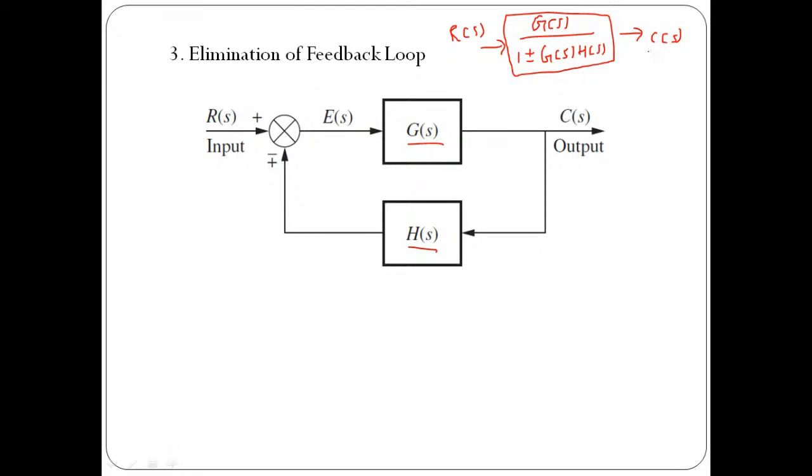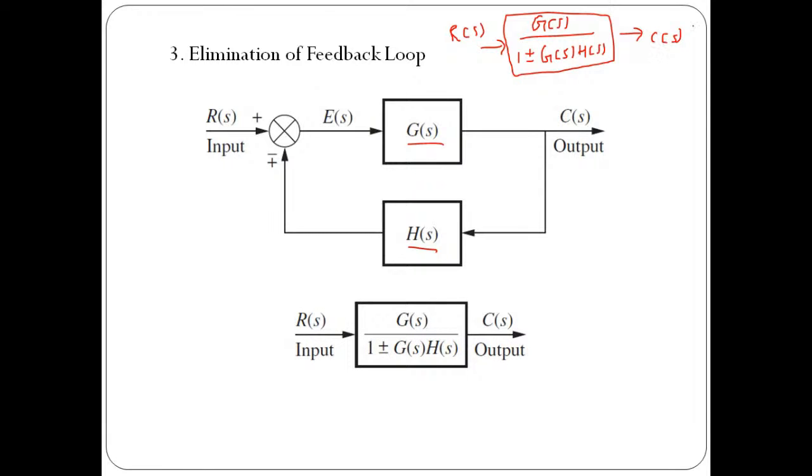That is important. So if you apply that logic, we can directly write this. So this will be your rule number 3, elimination of the feedback loop.